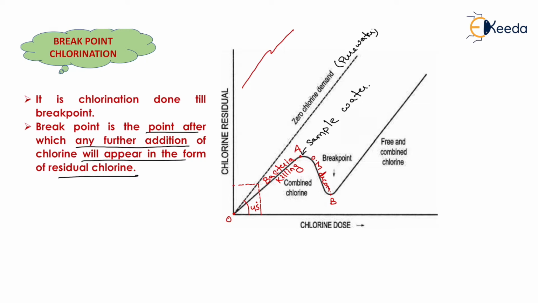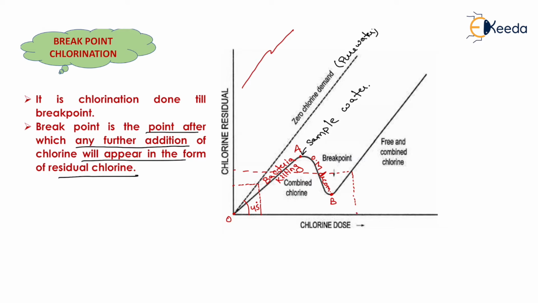Okay, after B point, all the microorganisms will be removed from that water, and all the organic matter is also decomposed till B point. Now after B point, if we add any chlorine in that water, then that chlorine will appear in the form of residual chlorine as it is.